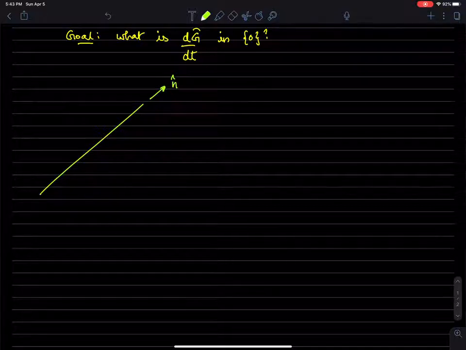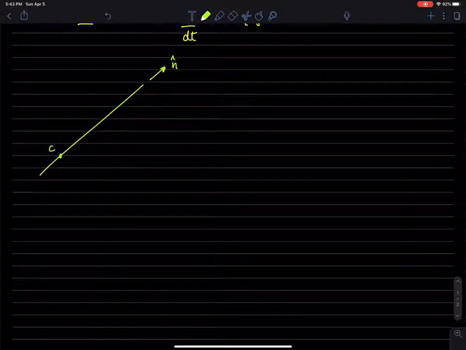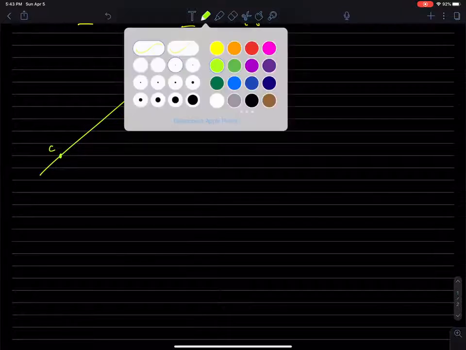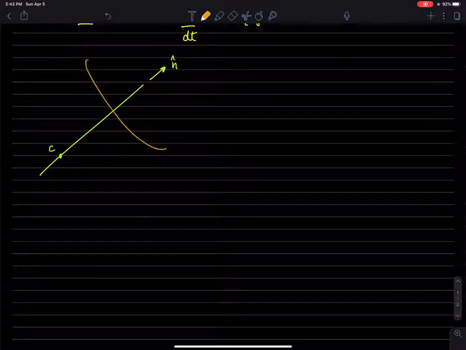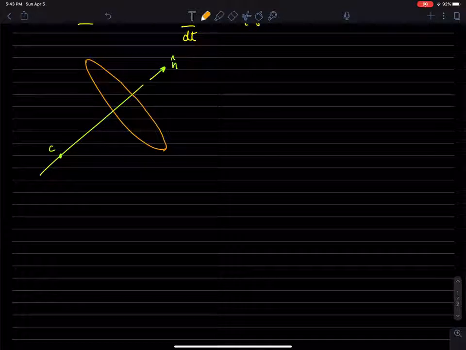Let's consider this to be the axis of rotation, and let's call this some point C in that frame, and let's draw a little ellipse there.